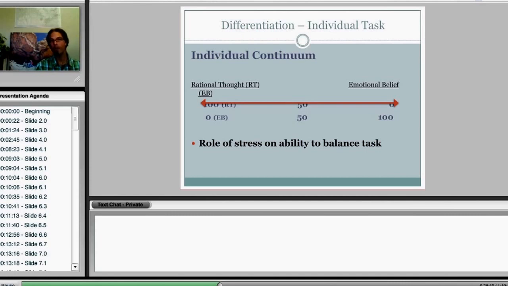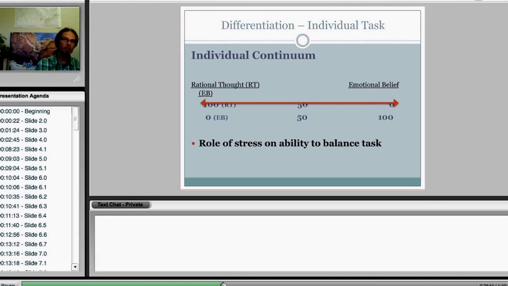I encourage you to think about yourself and how this applies to you and to your child. Most of the time, stress is low, and people find themselves on the rational side of this continuum. They may not be out at 100%. Say they're at 75% rational, 25% emotional when stress is low.